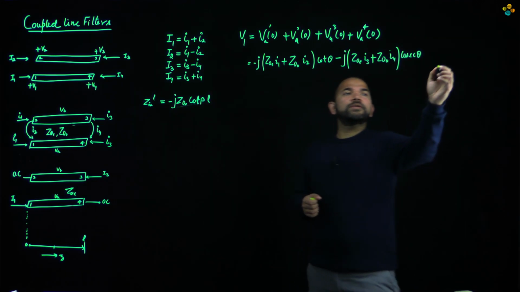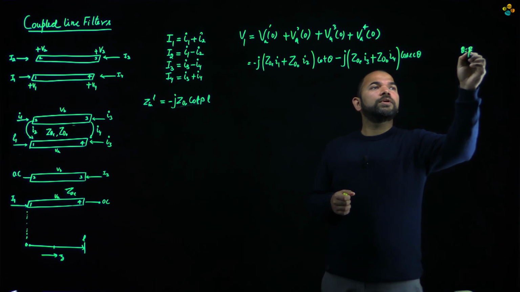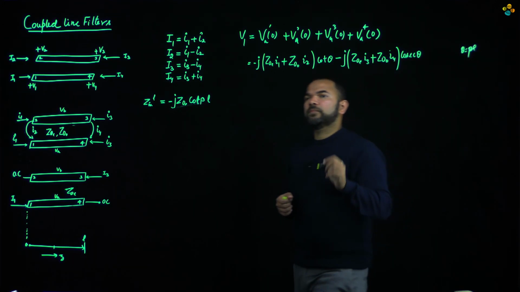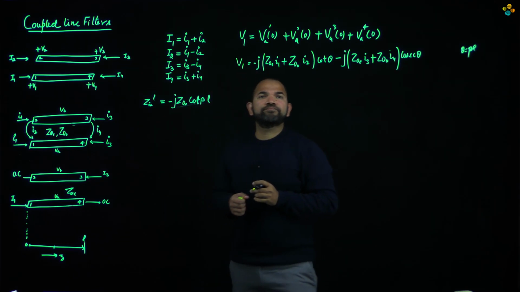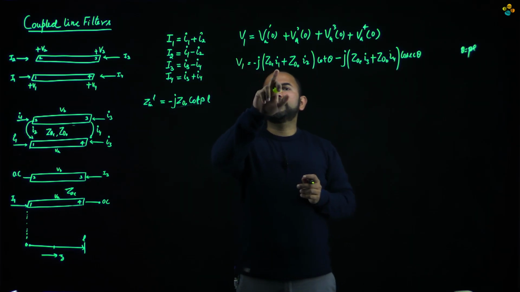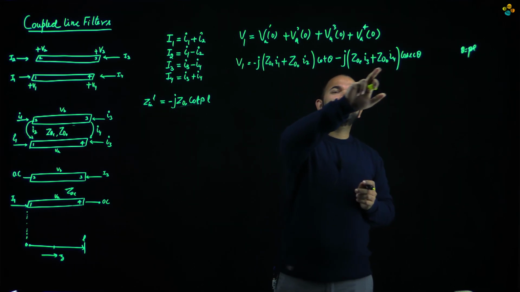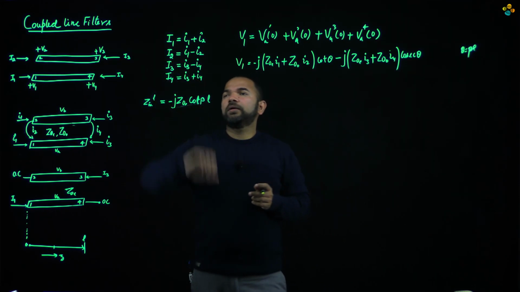Okay, where theta is equal to beta into L. So this is our V1.